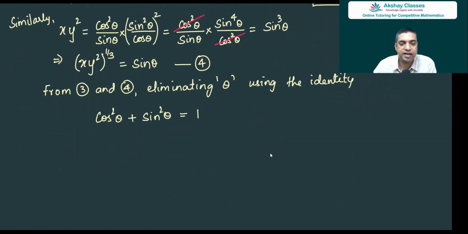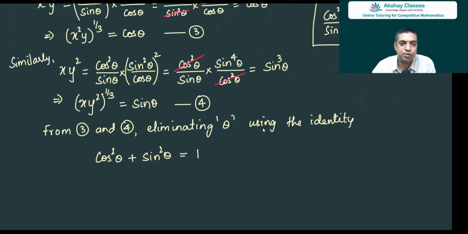So square and add. Squaring this will give us x square y to the power 2 by 3.